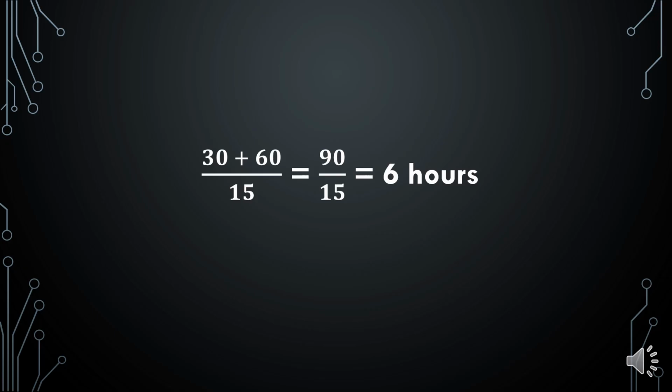We are left with 90 degrees. 90 degrees divided by 15 gives us 6 hours. Now, because we want to know the time of the place located east of Greenwich, we need to add our 6 hours to the 12 noon, or to the 12 o'clock. This will give us approximately 6 p.m.